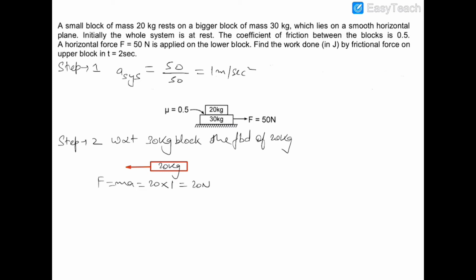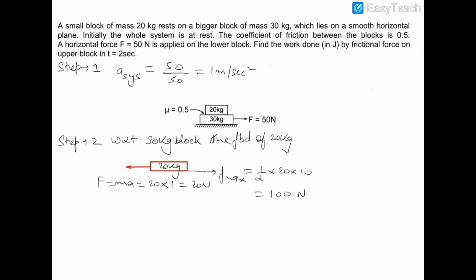And the maximum friction which can act on this block is equal to mu mg. Here mu is 1 by 2, mg is 20 into 10. So it is equal to 100 newtons.